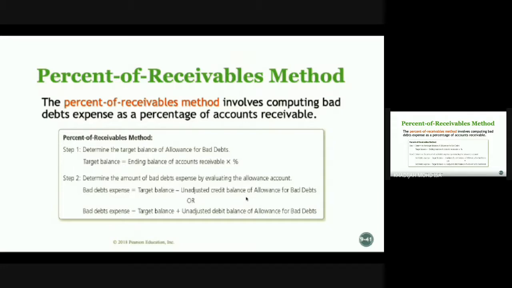Then determine the amount of bad debt expense by evaluating the allowance account. Your bad debt expense is the target balance of allowance for bad debt minus the unadjusted credit balance. Wow, this is very challenging.